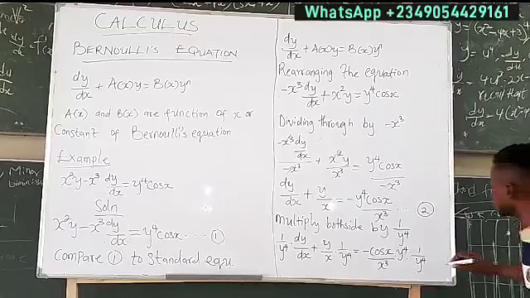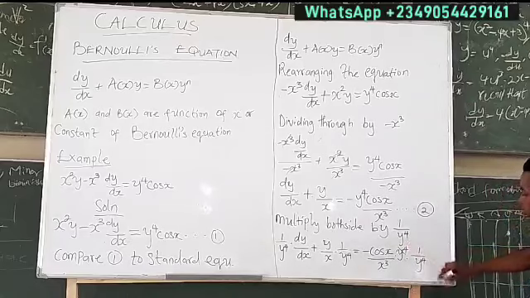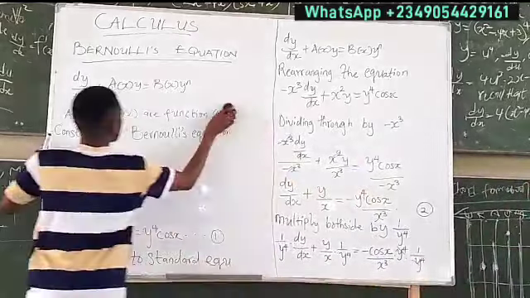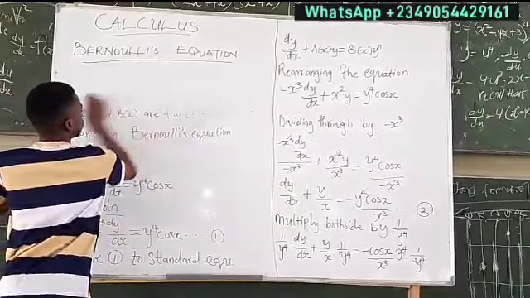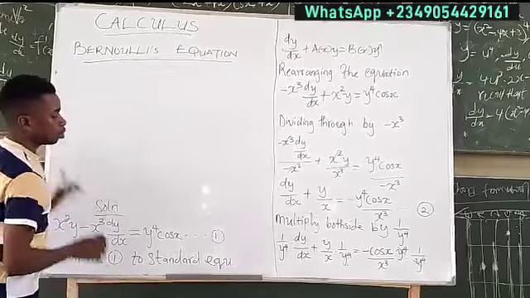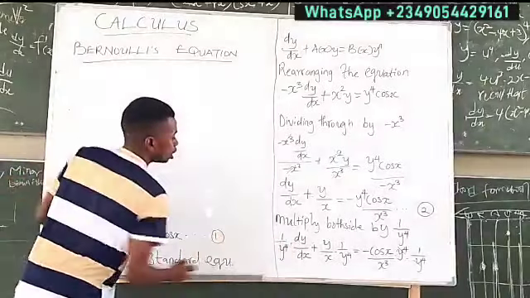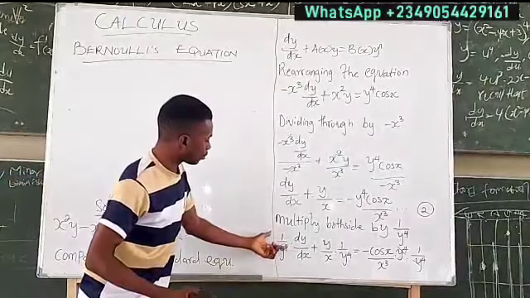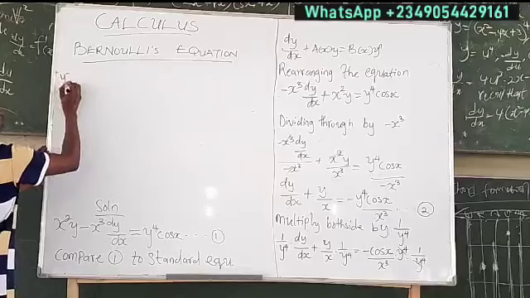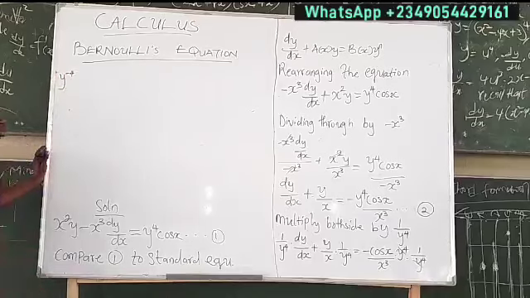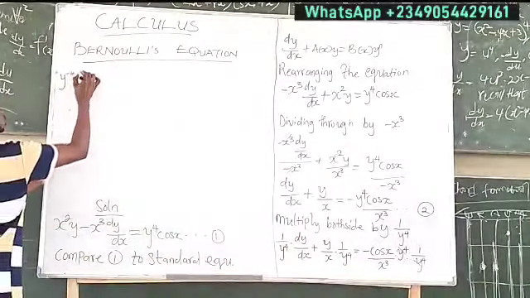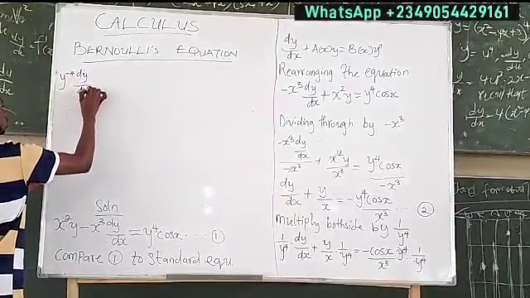Looking at this, we can see that y^4 will cancel out this part. Then let's make our y^4 fractional part, moving it from the fraction, it becomes y raised to the power minus 4 dy/dx.